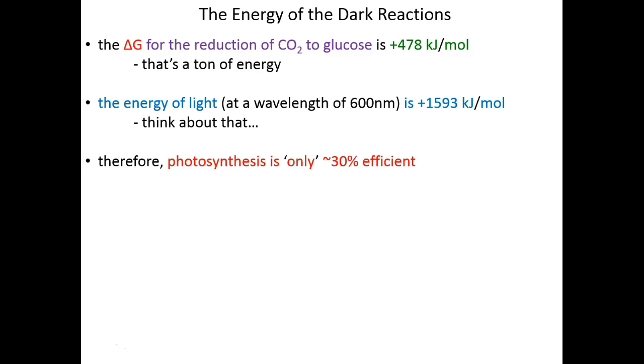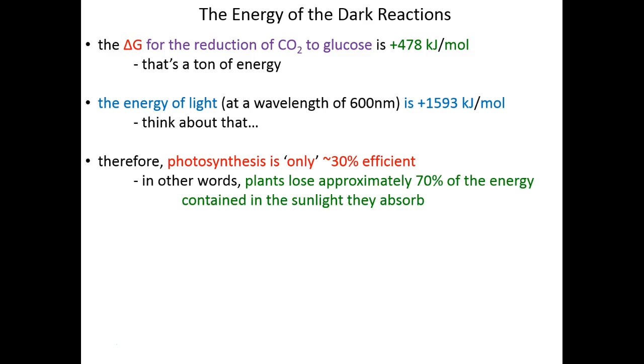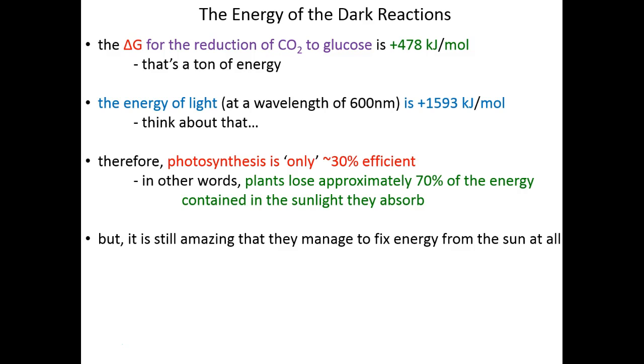The book says, therefore, based on this math, photosynthesis is only a little bit more than 30% efficient. And I'm like, what? Only? Yeah, sure, it's true that plants lose about 70% of the energy contained in sunlight when they do the dark reactions, but let's not lose sight of the fact that plants are gathering sunlight energy and using it chemically to make glucose.